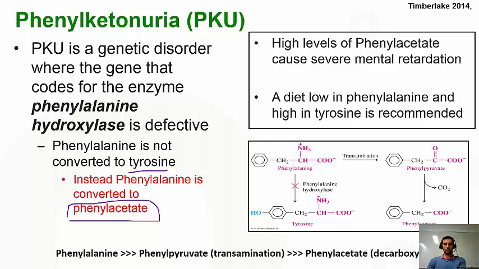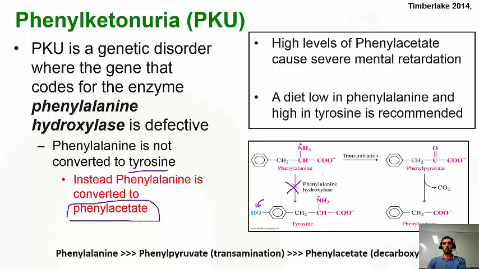So we can see that depicted in this picture here. So normally the phenylalanine will be broken down into tyrosine by having the addition of the OH group onto the benzene ring. However, if we don't have our phenylalanine hydroxylase enzyme, there's a block in this pathway.